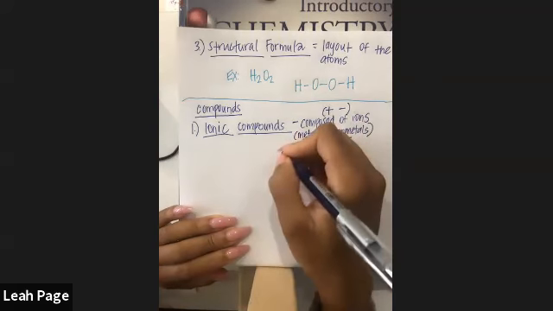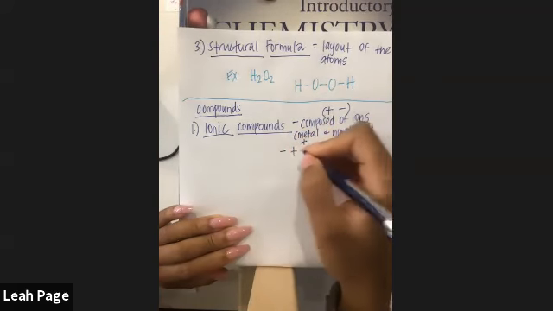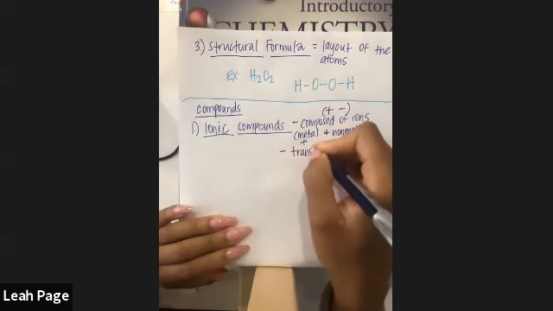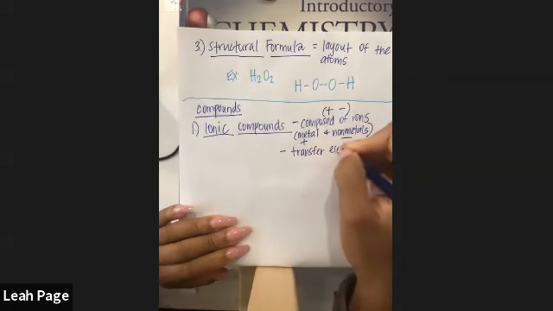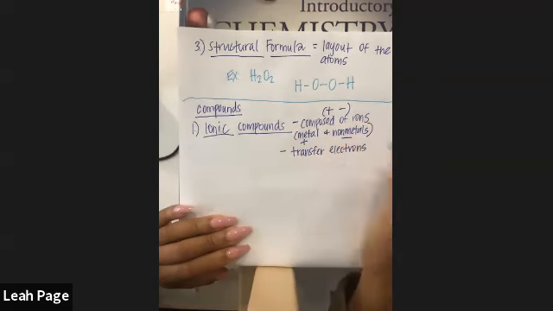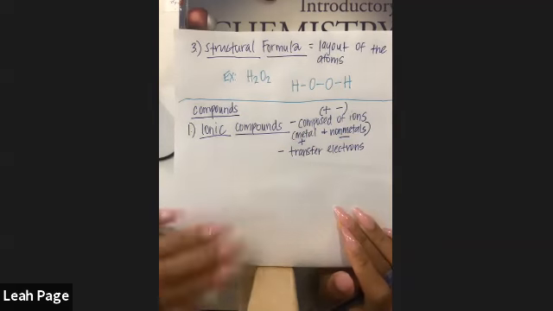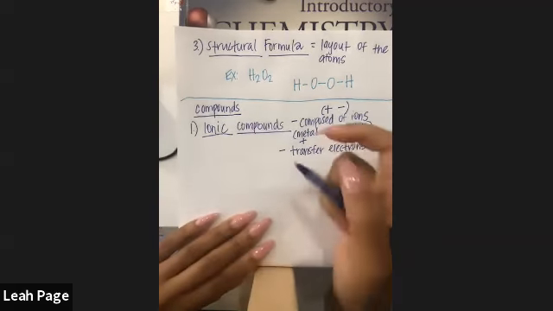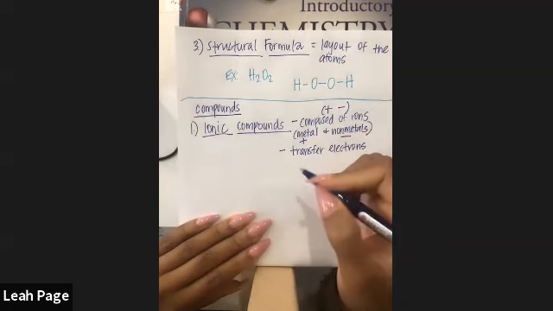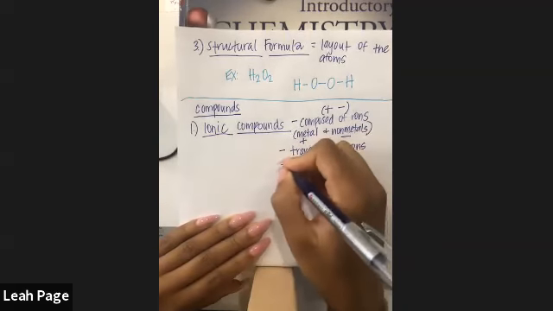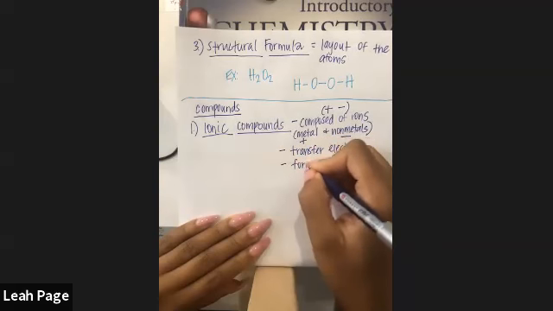What happens in ionic compounds is that they transfer electrons. When they transfer electrons, we call the base of it a formula unit.